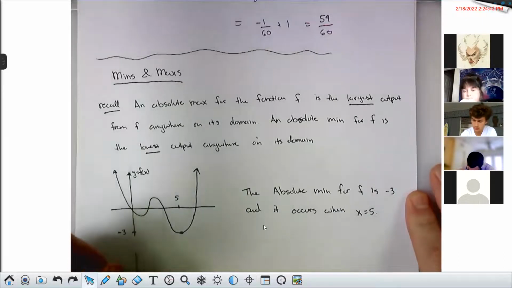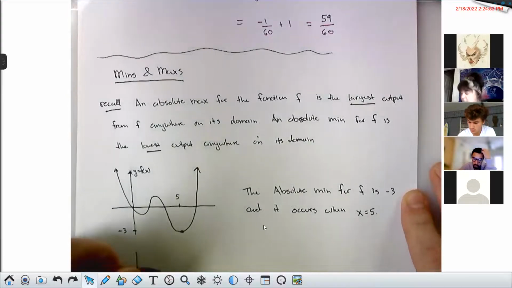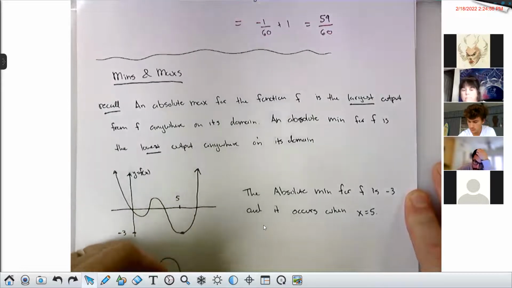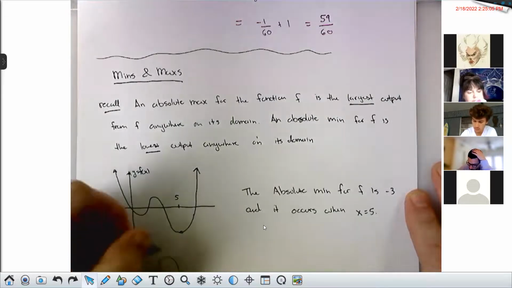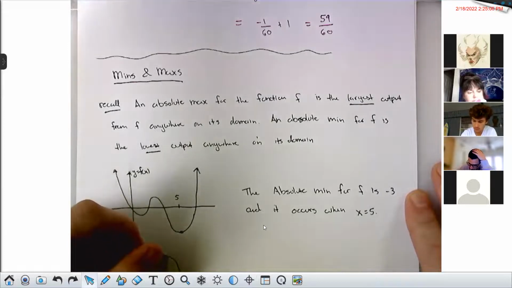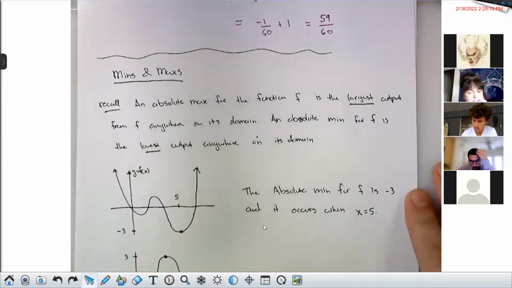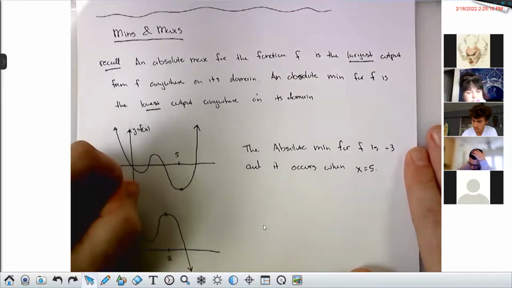I'm going to draw a similar picture for maxes. So here, I might say, this is g of x.